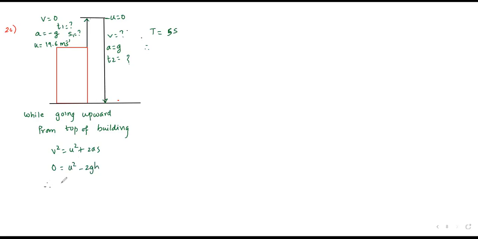This is s, that is your H1, right? This is H1. So I can write here therefore H1 is equal to u square upon 2g. u matlab it is 19.6 into 19.6 upon 2 into 9.8 and the 2 गया. So 19.6 meter.